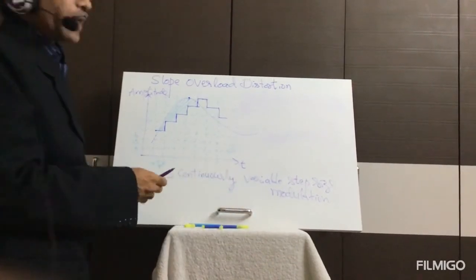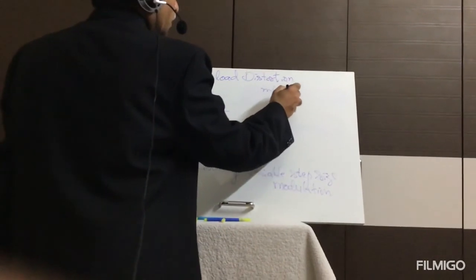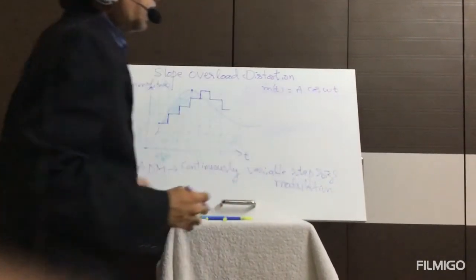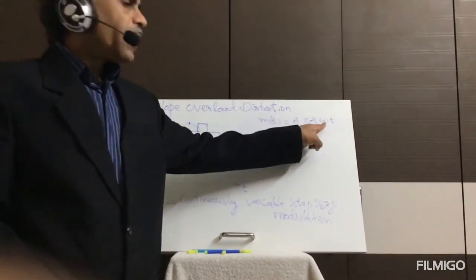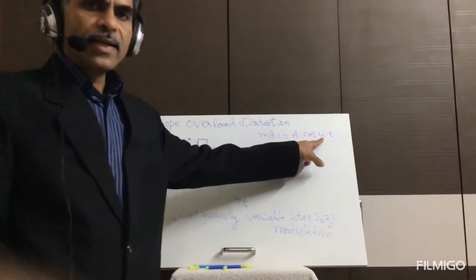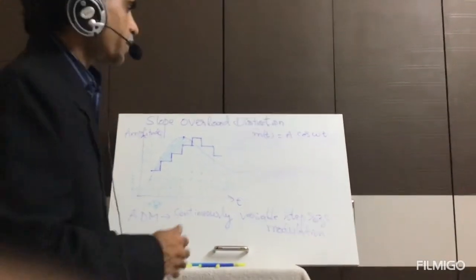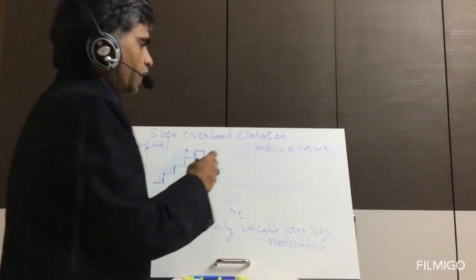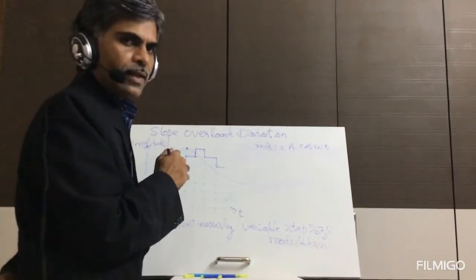Let us assume the input signal to be m of t, and is given by A cos omega t, where A is the maximum amplitude of the signal and omega is the angular frequency measured in radians per second, and t is the instant of time measured in seconds. Then the output of the delta modulator is a differentiated version of the input signal m of t.